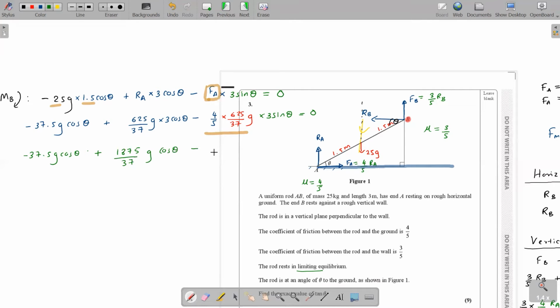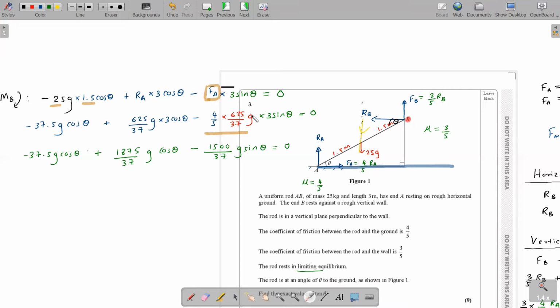Multiply minus 4/5 into 625/37 into 3. There's another 3 also. Minus 1500/37 G sine theta. This is just multiplying all the numbers in the calculator, okay?